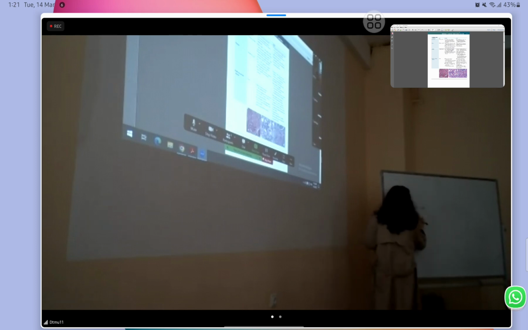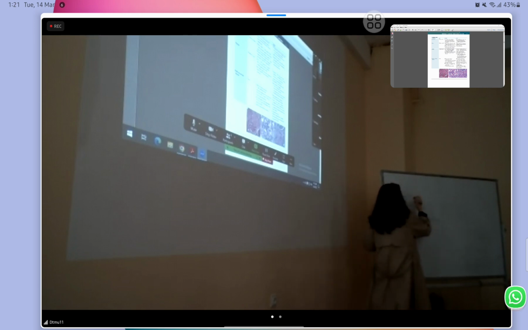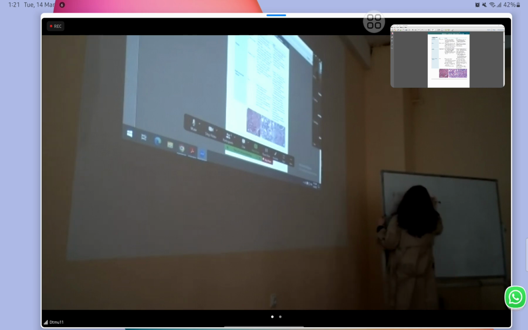Isograft is from identical twin. Allograft is from another people, like people who are not related to you, which means that allograft is from same species, and xenograft is from different species.